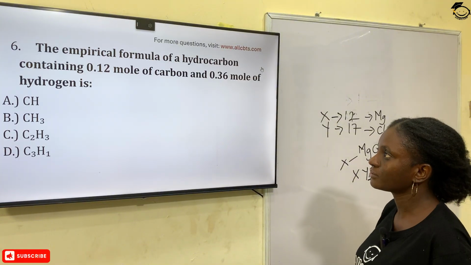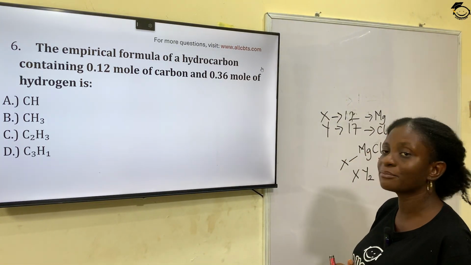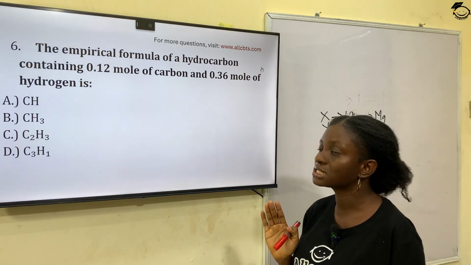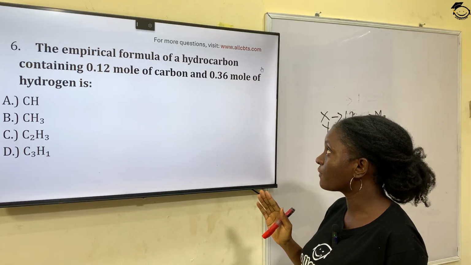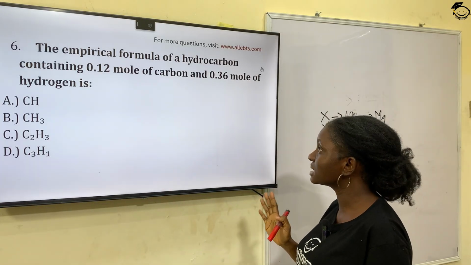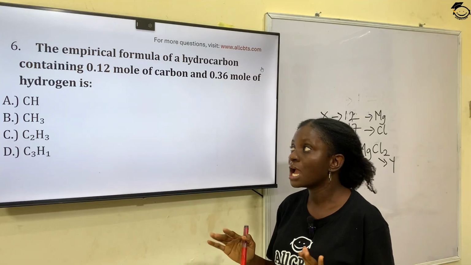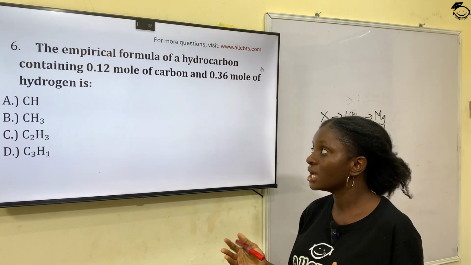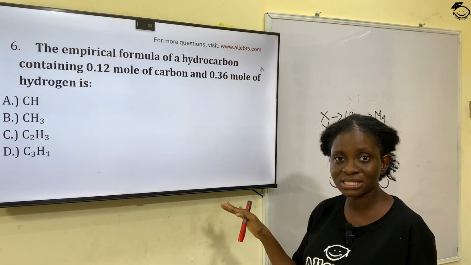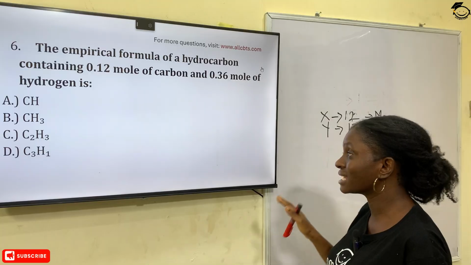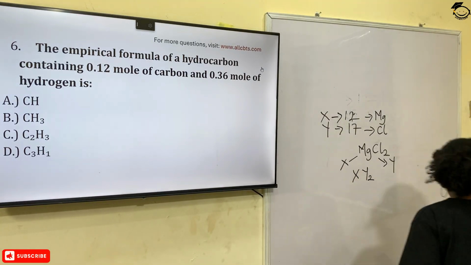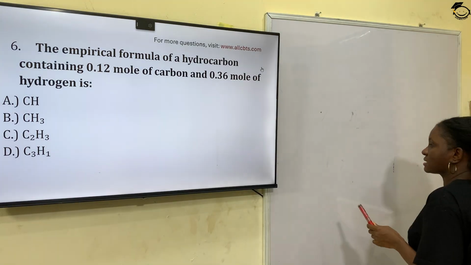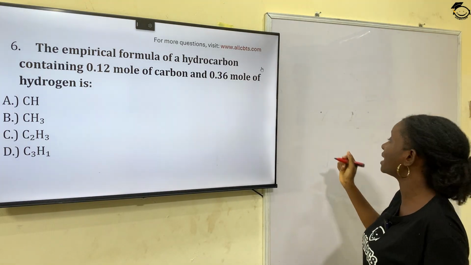Option B. Question 6. The empirical formula of a hydrocarbon containing 0.12 mole of carbon and 0.36 mole of hydrogen is. In order to calculate the empirical formula, what you just need to do is to divide by the lowest number of moles. So that's what we are going to do right here. So what are the given values?